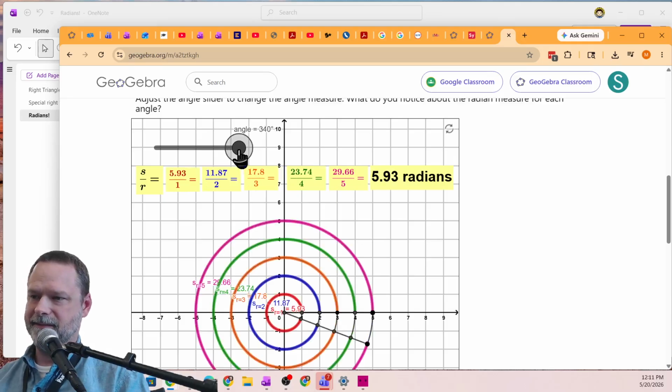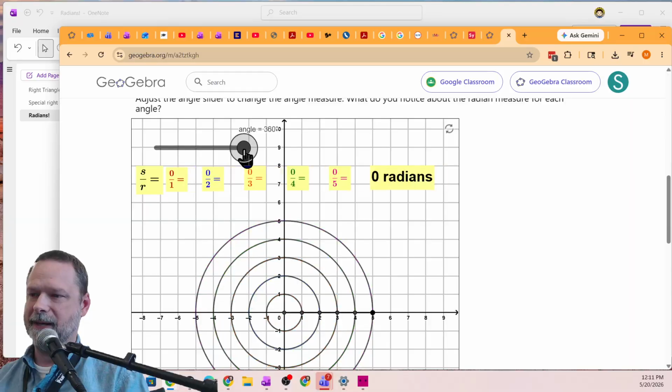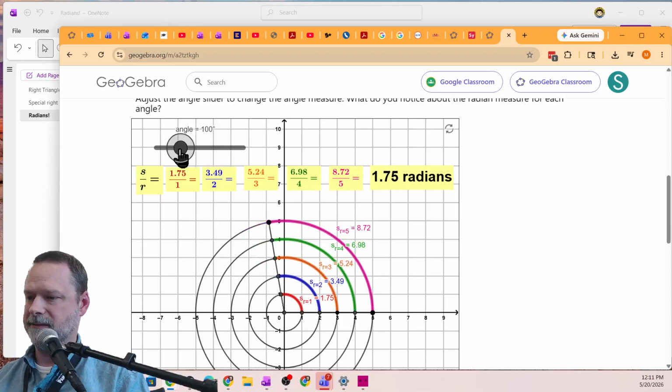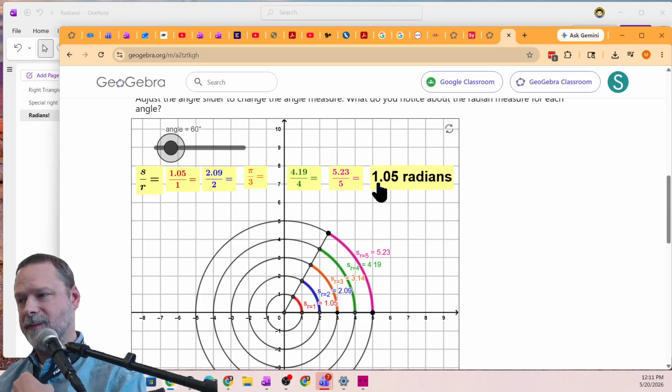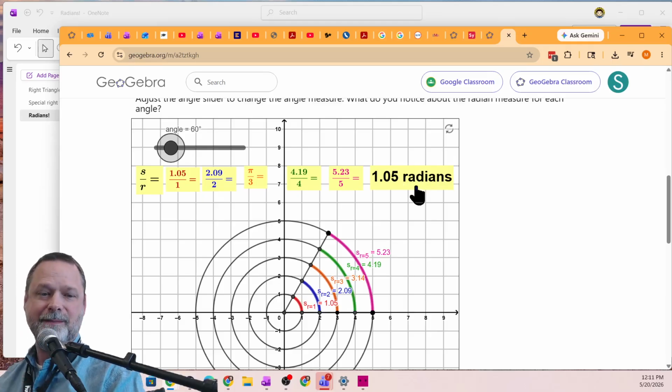At 360, 2 pi is the same as 0. You end up in the same spot as we did at 0. Let's see if I can get something like 60. There we go. My pi over 3 pops up. But all of these really reduce to pi over 3, which is about 1, because pi is almost 3.